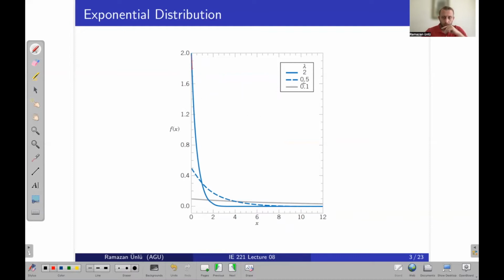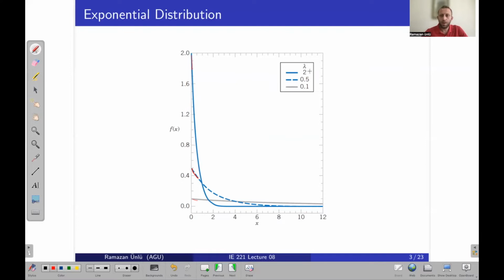The second one is 0.5, that corresponds to this one, and 0.1, this one. No matter the value of lambda, the area under this curve will be 1. We just proved that. But the decreasing pace will change.